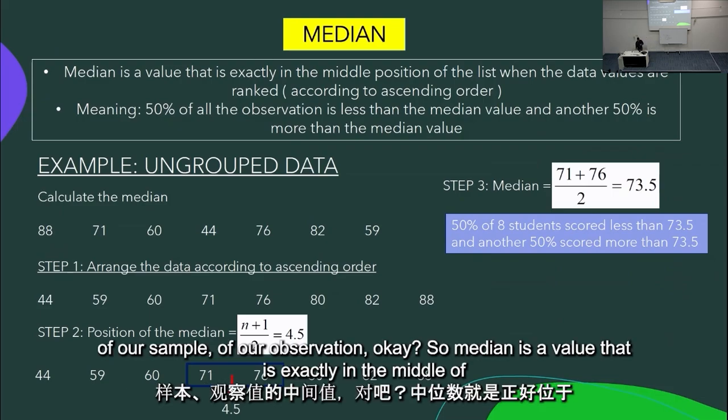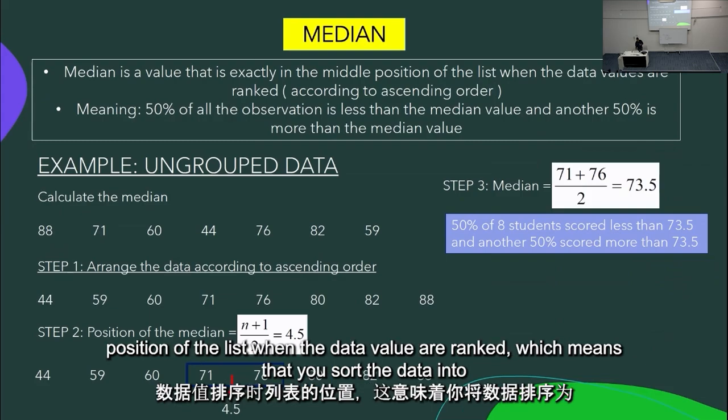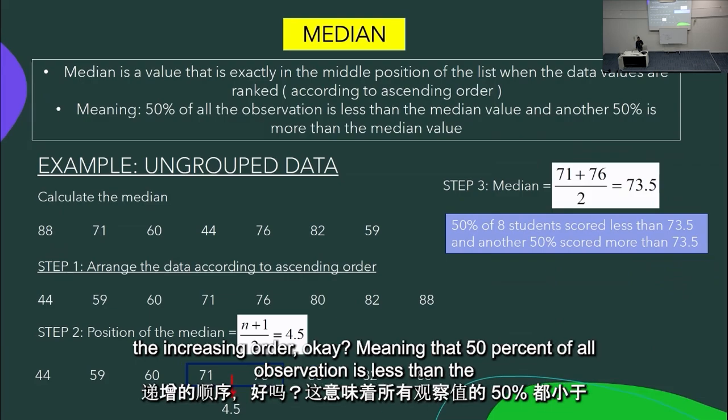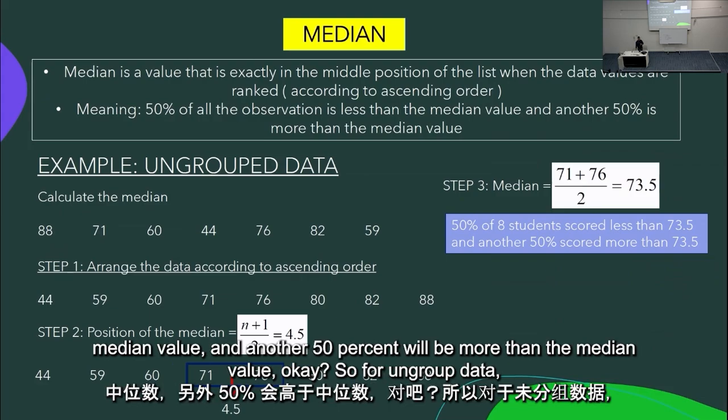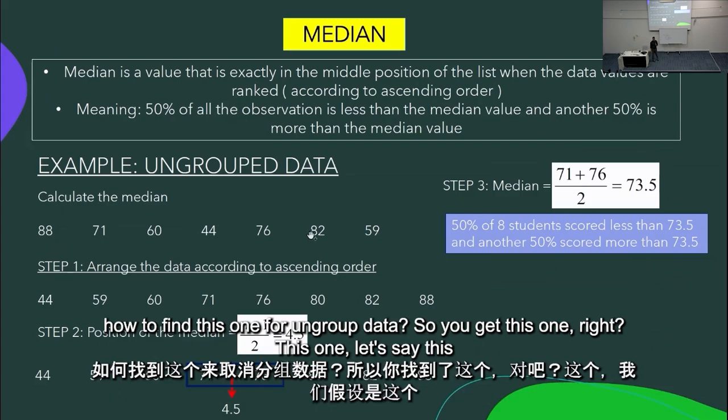The median is a value that is exactly in the middle position of the list when the data values are ranked, which means you sort the data into increasing order. Meaning that 50% of all observations are less than the median value and another 50% will be more than the median value. So for ungrouped data, how to find this?